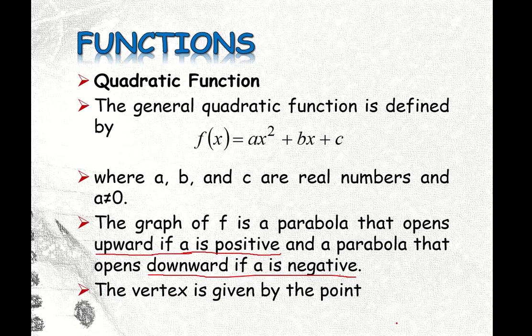Now the vertex is given by this point. This is the formula for the vertex. We have negative b over 2a and 4ac minus b squared over 4a. The first element of this ordered pair is the abscissa, and the second is our ordinate.